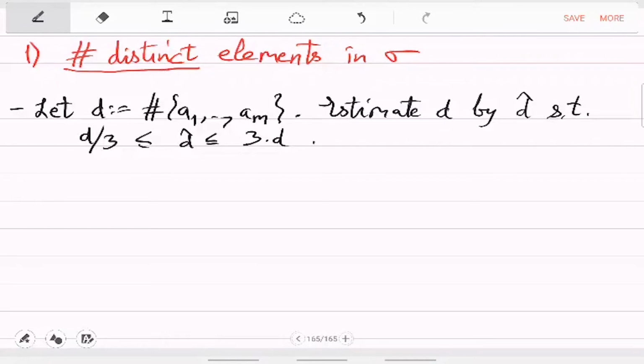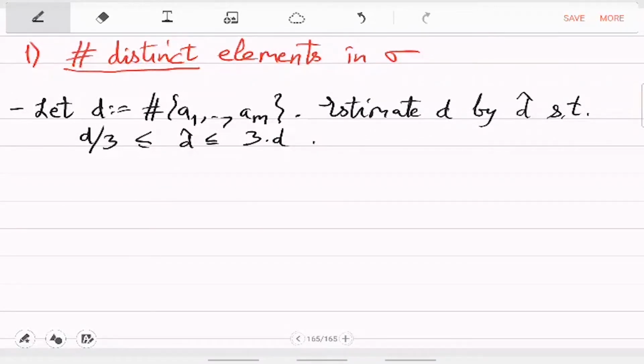Note that it seems very hard to exactly calculate D, because you have only log n plus log m space. In that you cannot really store all the distinct elements.